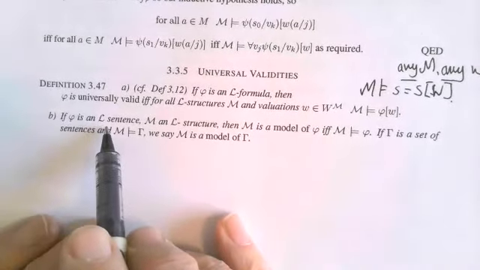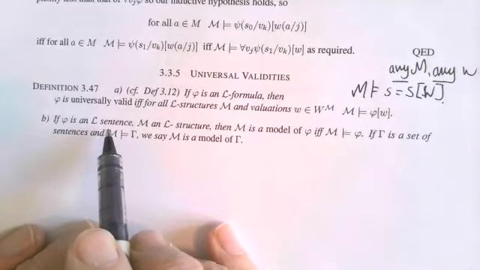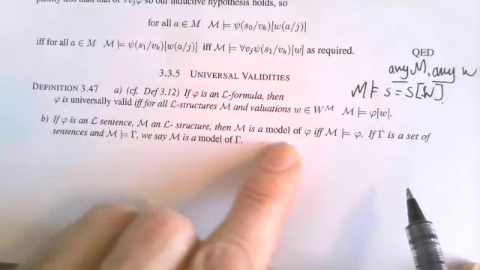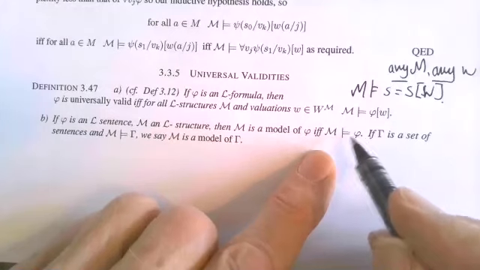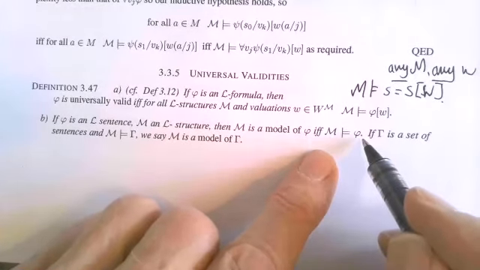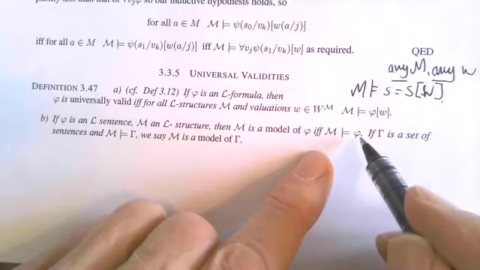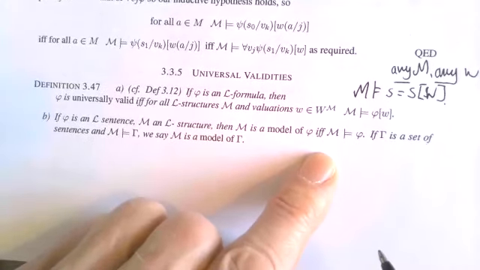If phi is an L sentence, that means no free variables, so we don't have to worry about assignments. M is a structure appropriate for the language. M is a model of phi means phi comes out true in M under any assignment. Well, we don't need assignments because there are no free variables to assign, so we just drop the W's here.